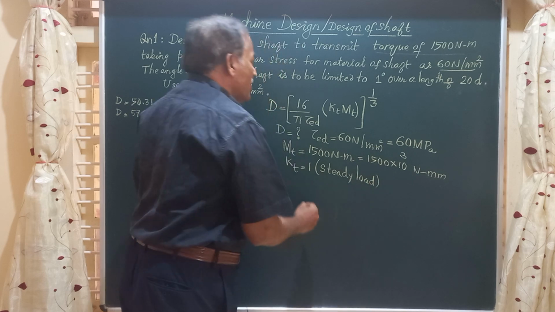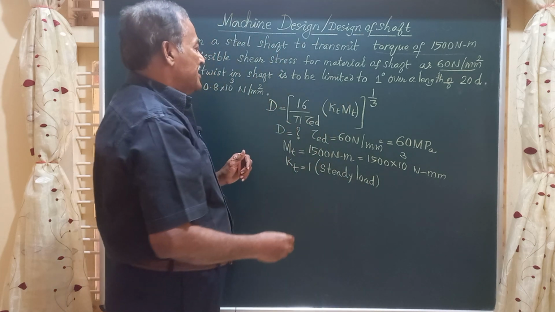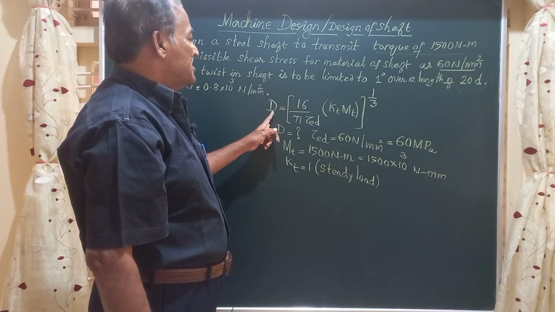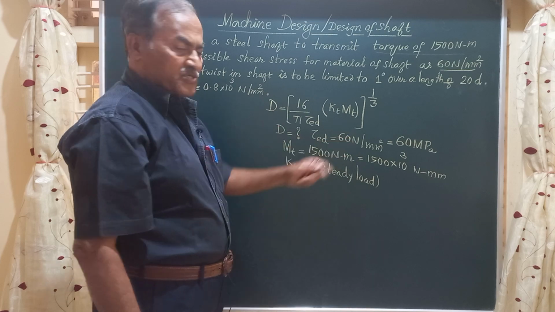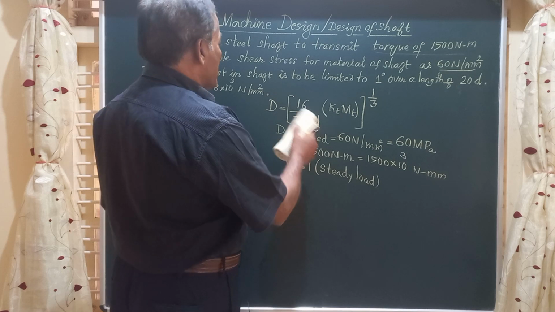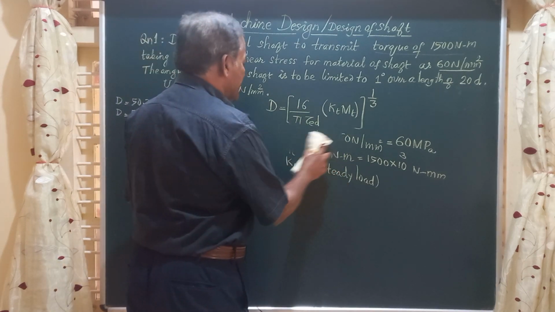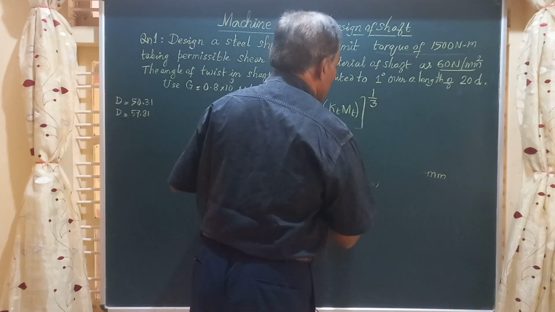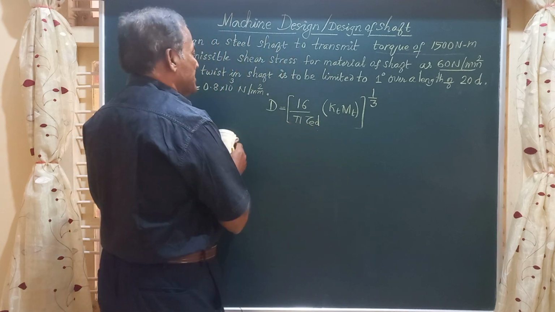Friends, we have got all the values required to solve for this capital D. So we substitute the values in this and obtain the capital D, the diameter of the shaft required to transmit the given power.